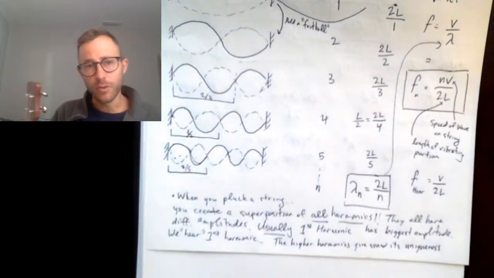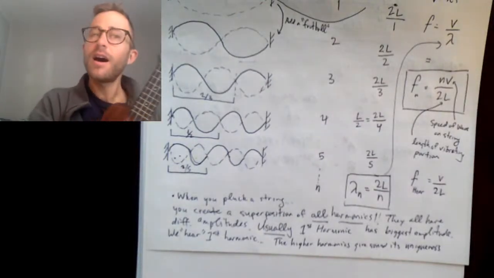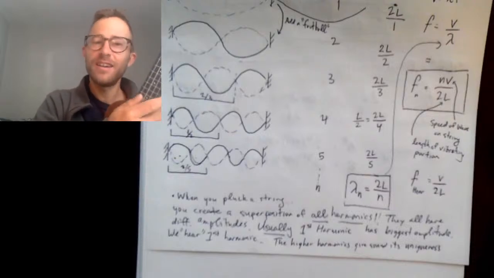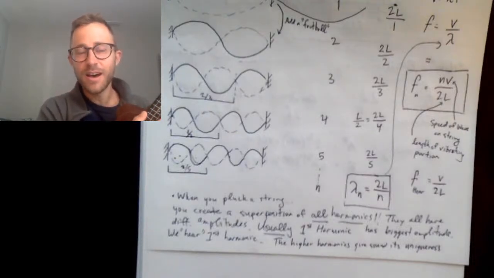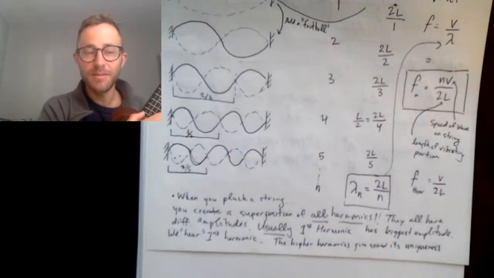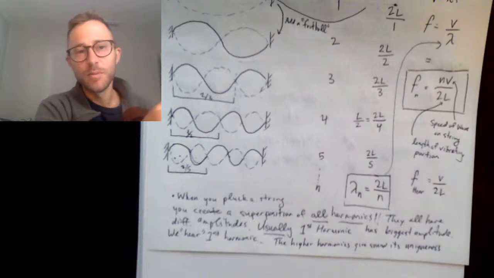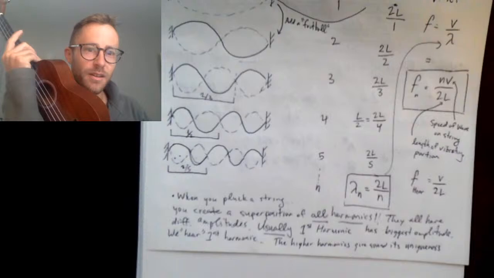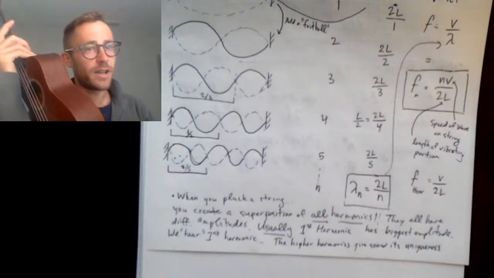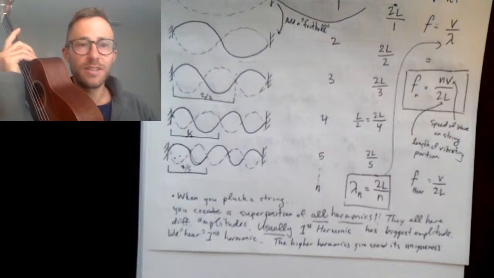Okay, so if you think about it, I could sing, la la. I am singing the same note as the guitar. La la la, but you can tell me apart from the ukulele. Why do I sound different from the ukulele? We're both singing the same note.